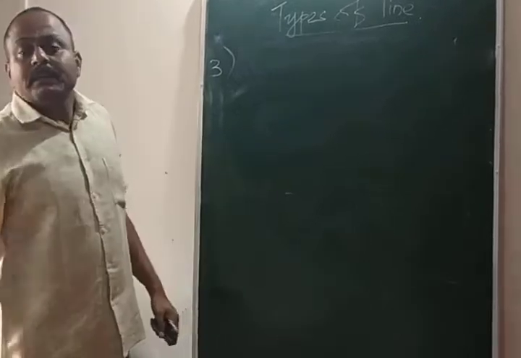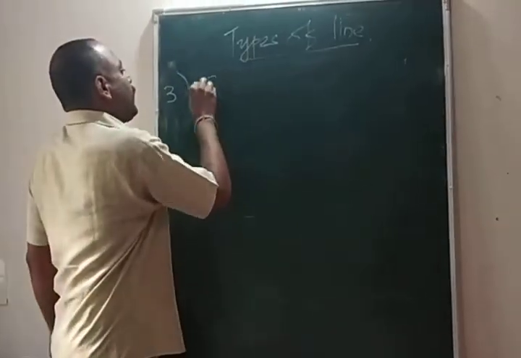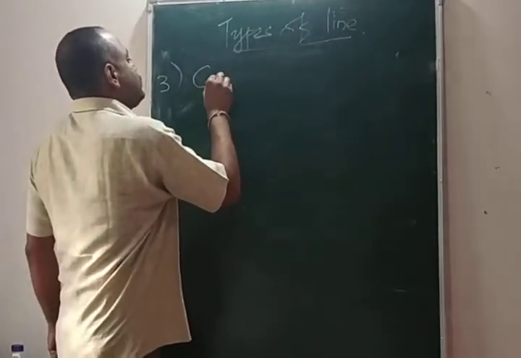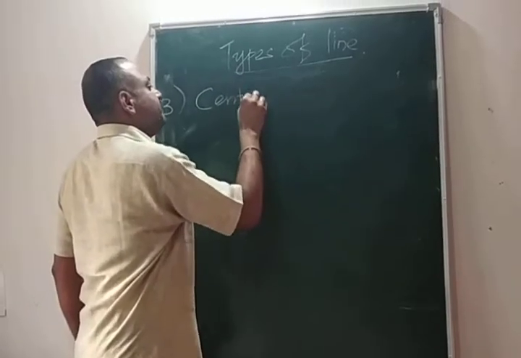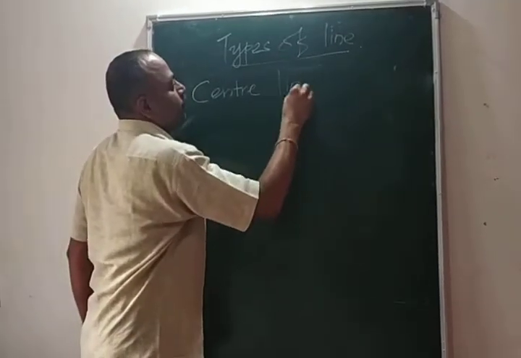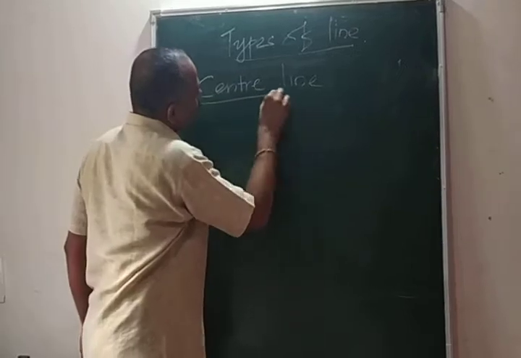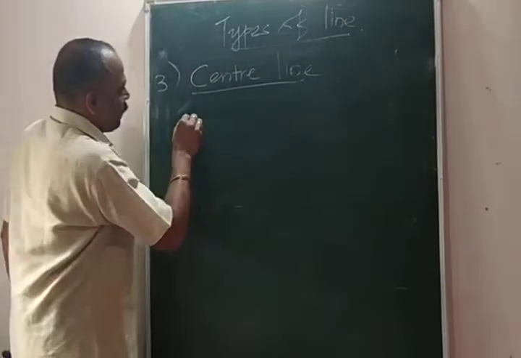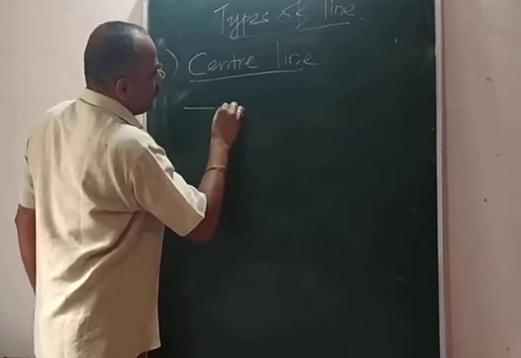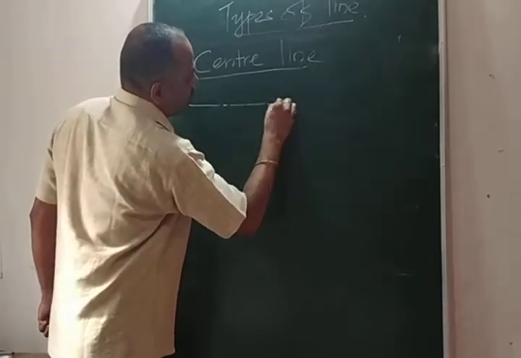Third type of line is center line. We can draw it like this.